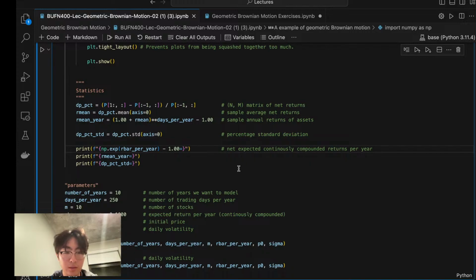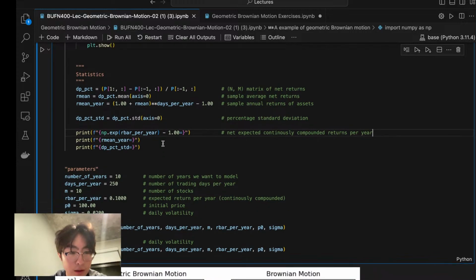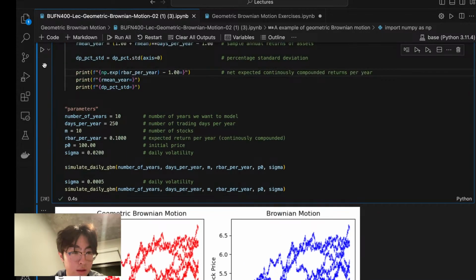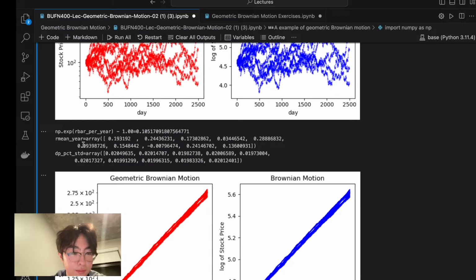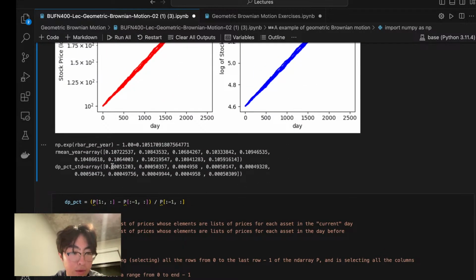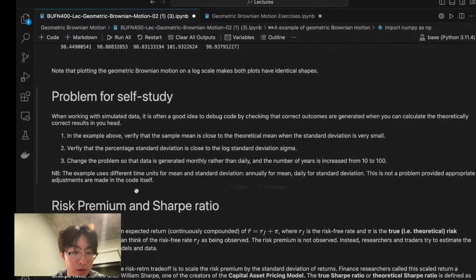Yeah, I don't really think we need this one. So is this going to be close to sigma? Let's take a look. 0.02, 0.02, right? And then 0.005. Okay, so it actually is.